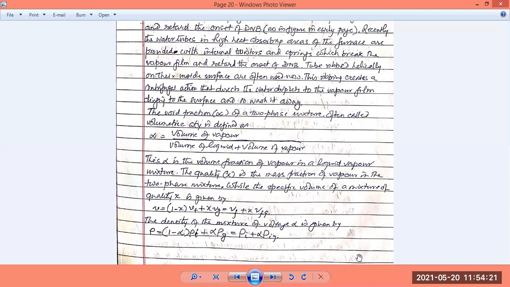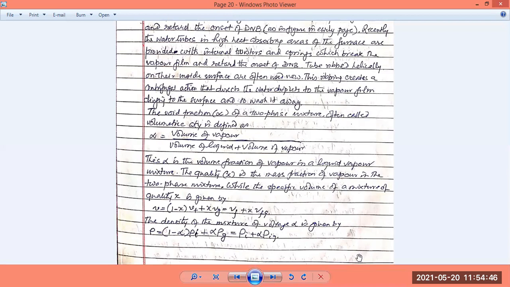The numerator is the amount of vapor. This alpha is the volume fraction of vapor in a liquid vapor mixture. The quantity X is the mass fraction of the vapor in the two-phase mixture. So alpha is the volume fraction of the mixture and X is the mass fraction of the mixture.